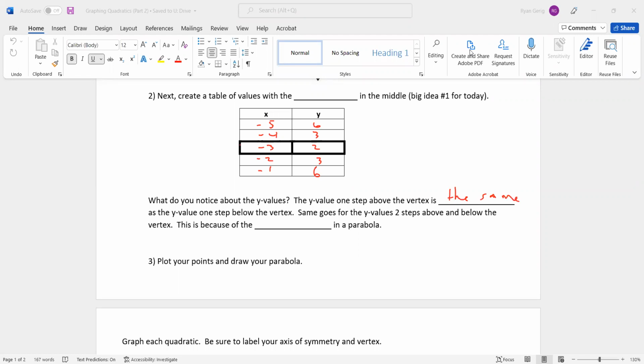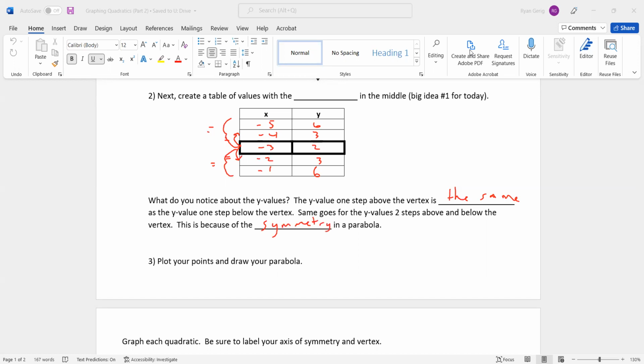So one step above and one step below, those are equal. Same goes for the two steps above. So 1, 2, 1, 2 are equal as well. This is because of the symmetry in a parabola.